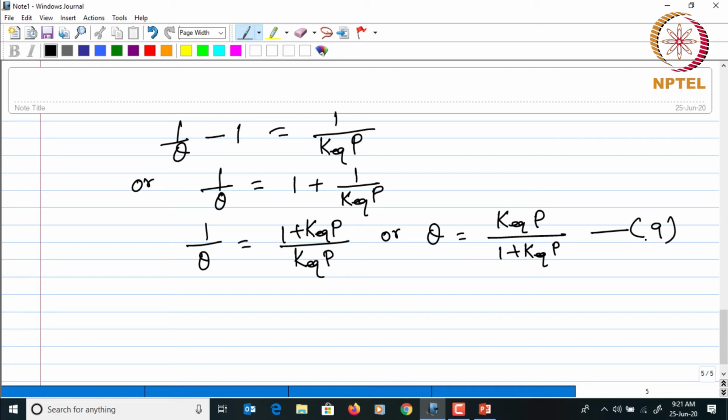Right, so by all this rearrangement, we can get an expression for theta in the form of equation 9, and this is what is known as the Langmuir isotherm.